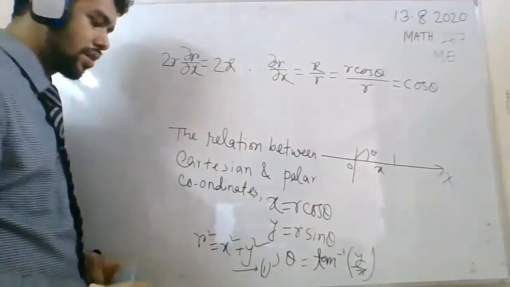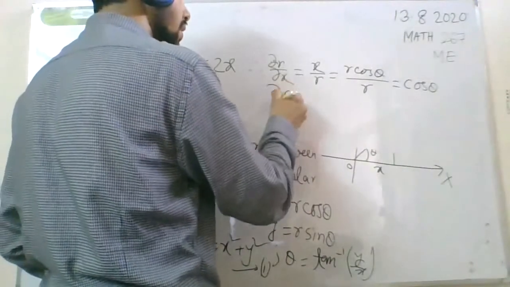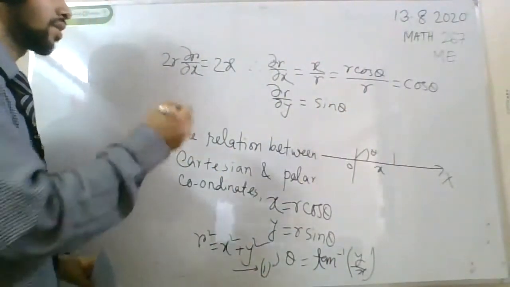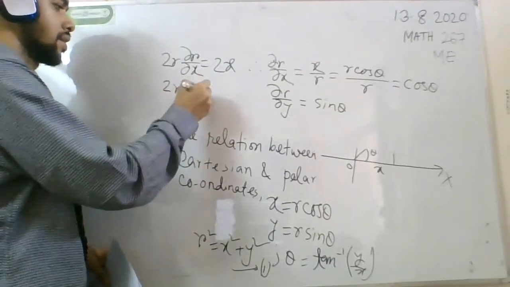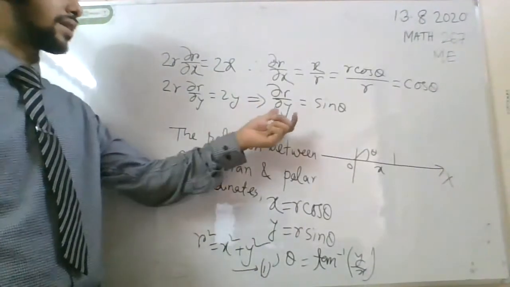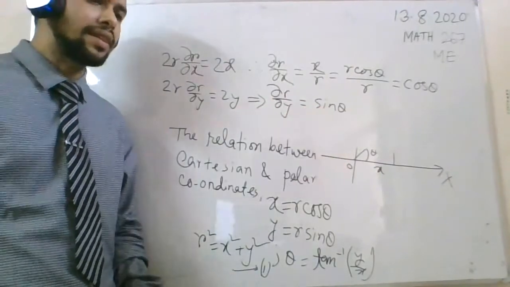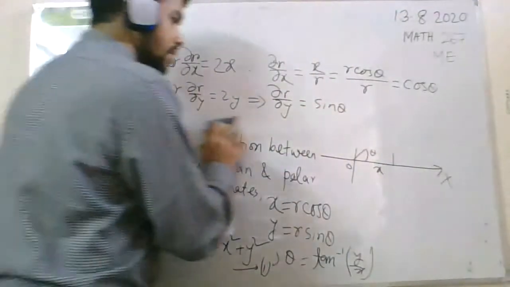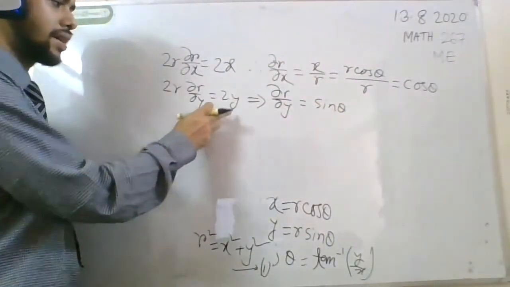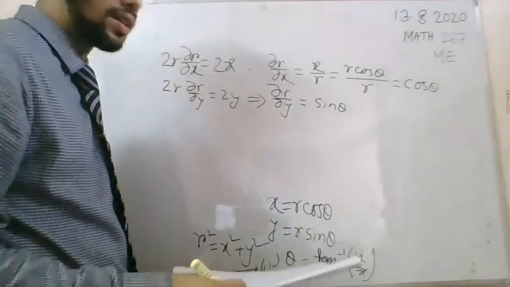Similarly, if you partially differentiate with respect to y, you get del r by del y equals y by r, and y is r sin theta, so del r by del y equals sin theta.